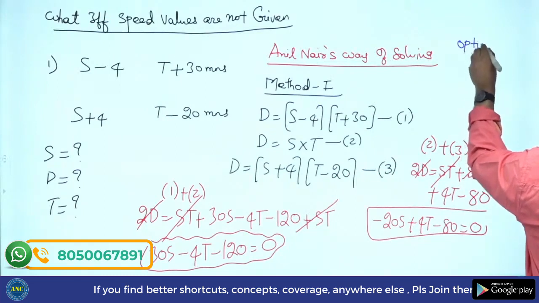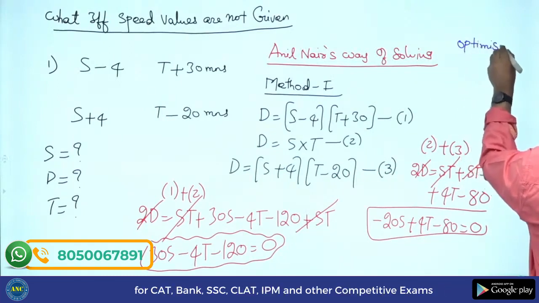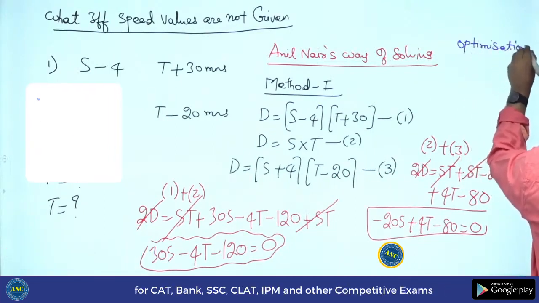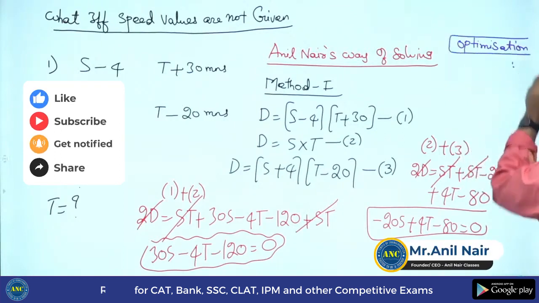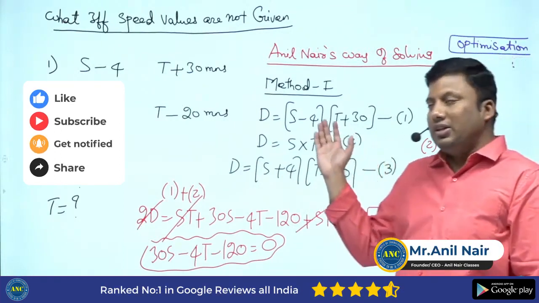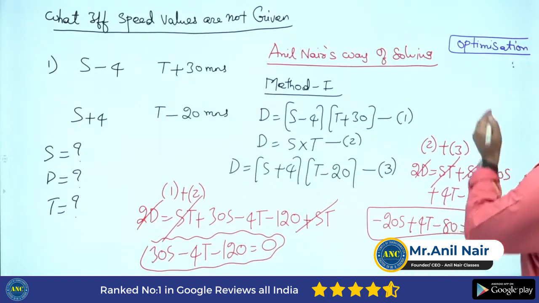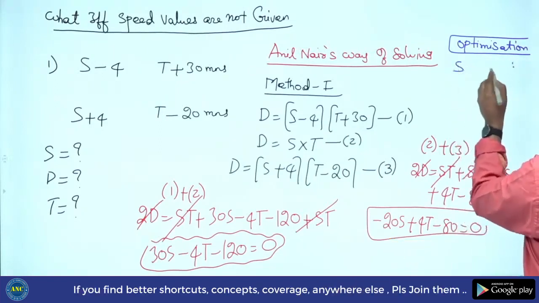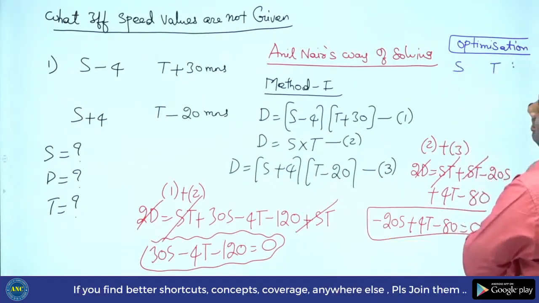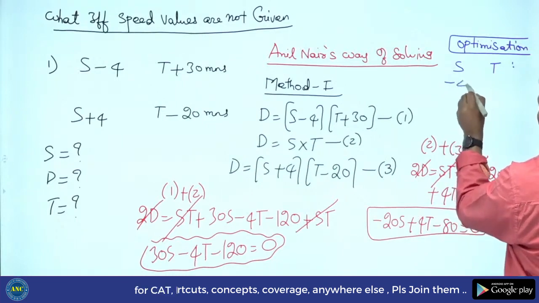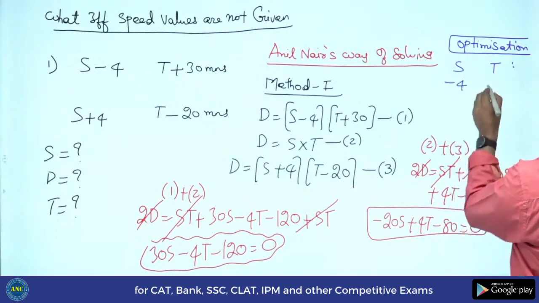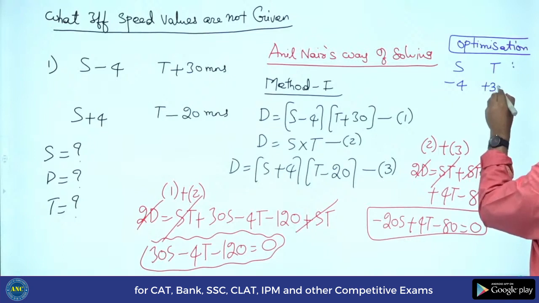See here, sir, how you can write the equation directly. Optimization. In case you want to go by the traditional method, see here. Actual speed is s. Actual time period is t. Speed is decreased by 4. Time period is increased by 30.